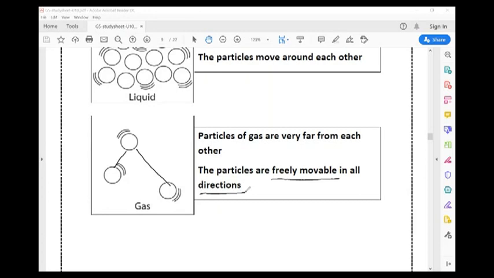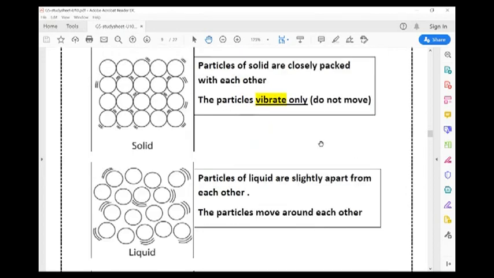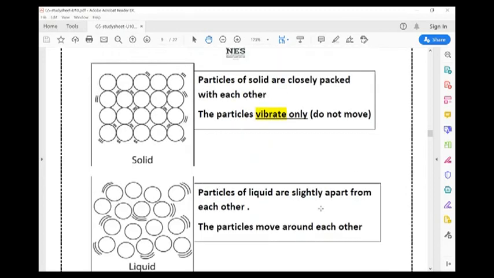So because of these properties, the solid state, because its particles are very close to each other and their movement is a form of vibration, has definite shape and definite volume.